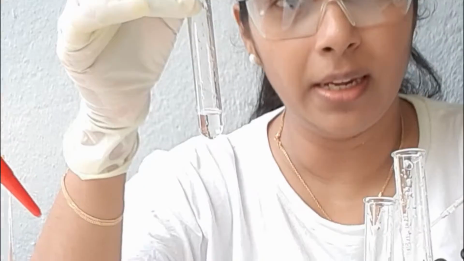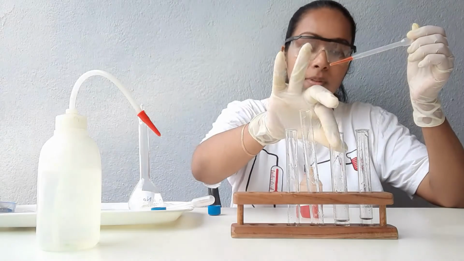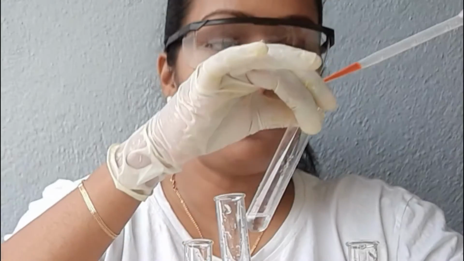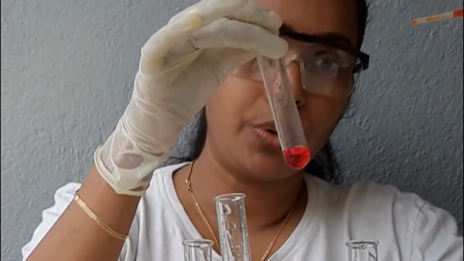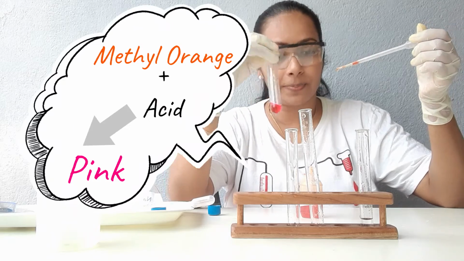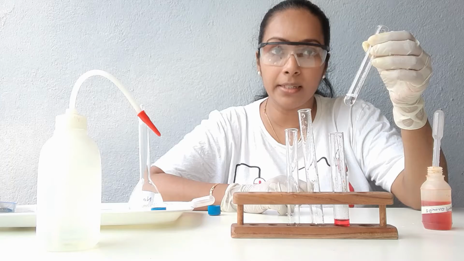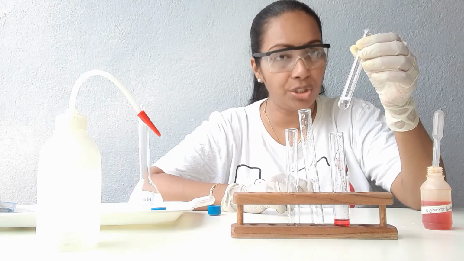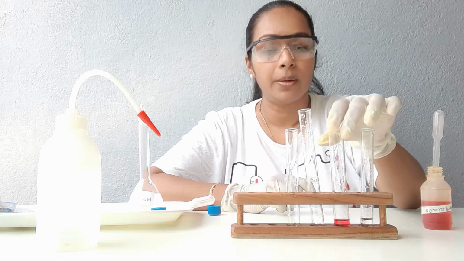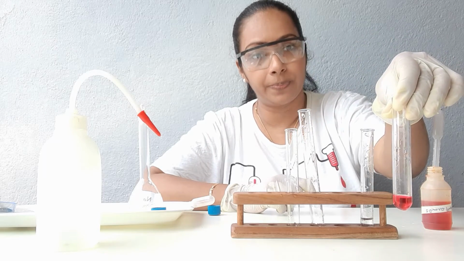It remains colorless. Methyl orange is an orange color indicator. When we add methyl orange into an acid, it gives a pink color. So with phenolphthalein, acid didn't change into any color. With methyl orange, it turned into a pink color.